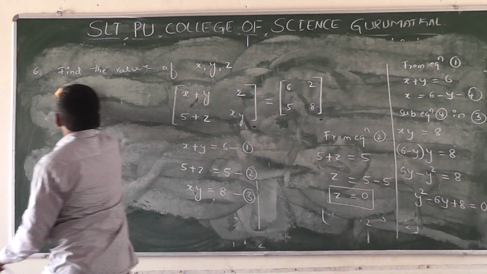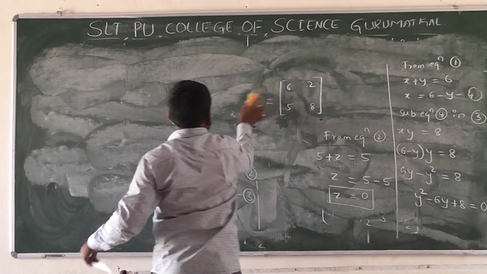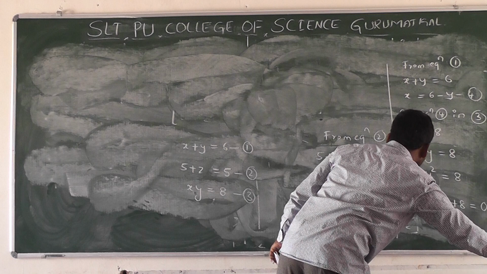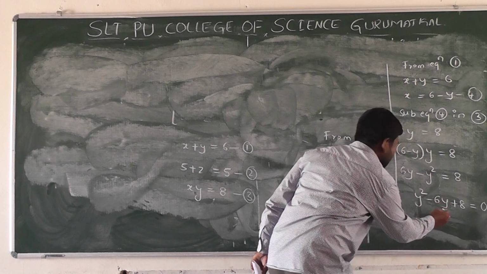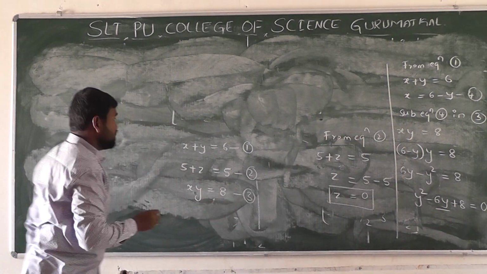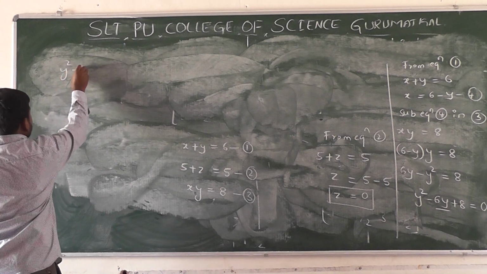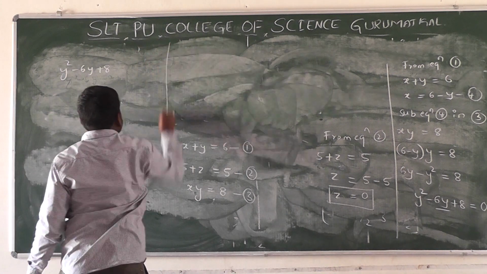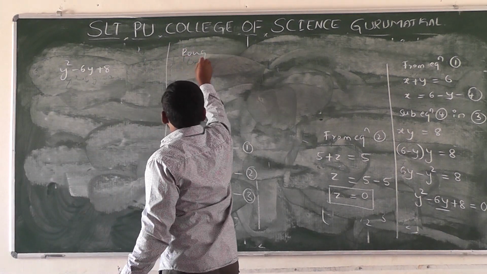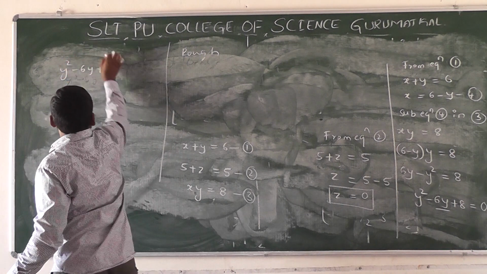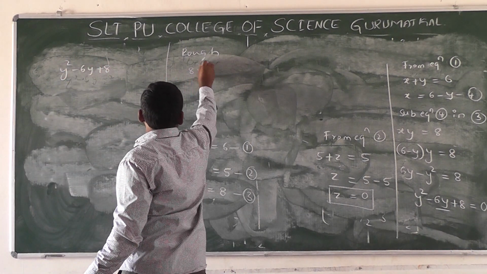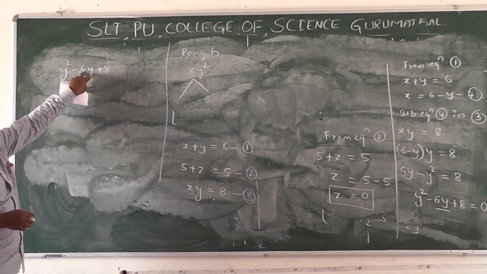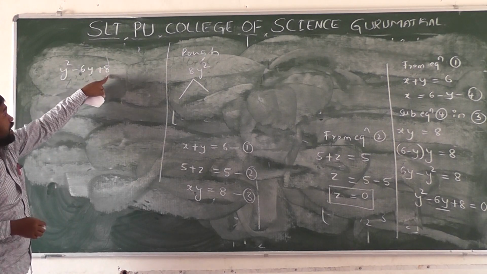Next, we have to take the factors here. Y square minus 6y plus 8. Then we are using the factorization method. Y square into 8, how much here? 8y square. 8 is the multiple of which numbers? When we add, we have to get 6, and when we multiply, we have to get 8.